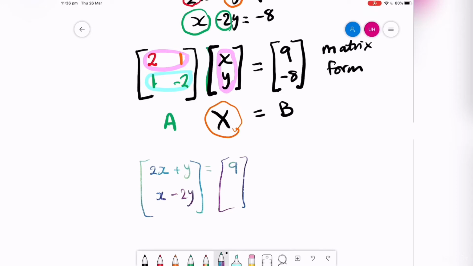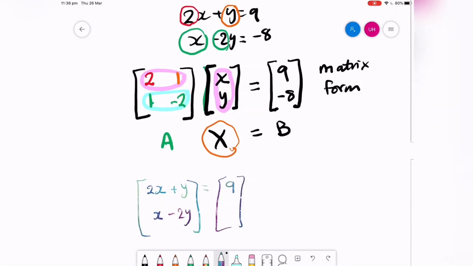As you can see, this is the same as the first equation, and the second one is the same as the second equation. So that's why we say this is a matrix form, because we wrote these two equations in one matrix form.